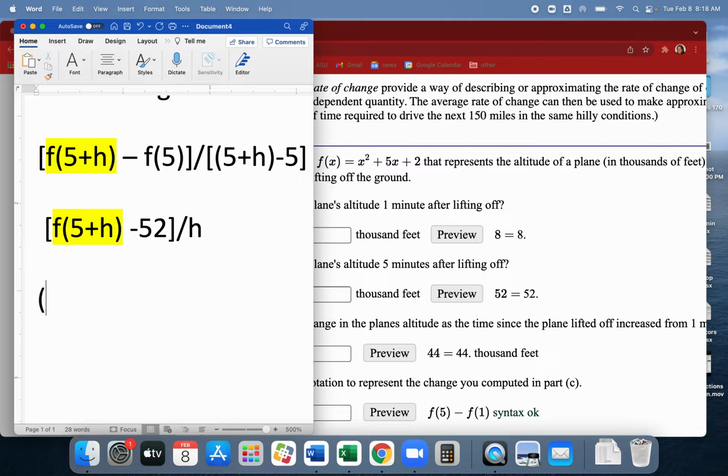Let's focus on just what it is. So it'd just be 5 plus h squared, right? That's the x squared, plus 5x, so 5 times 5 plus h, plus 2, and then minus 52.